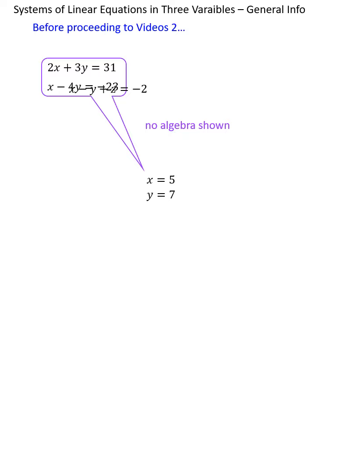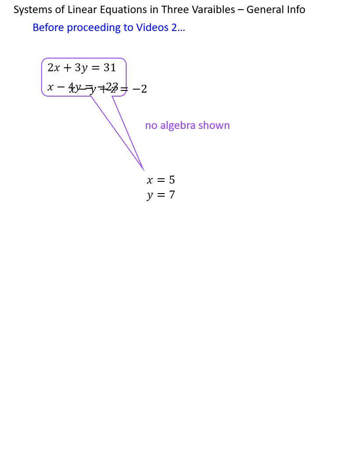Why is this? Well, because in video 2 we're solving systems of equations that have x, y, and z, and it gets very messy. And if I were to show the algebra for the two-variable systems that arise while solving three-variable systems, it would get so algebraically messy you'd lose track of the bigger picture.